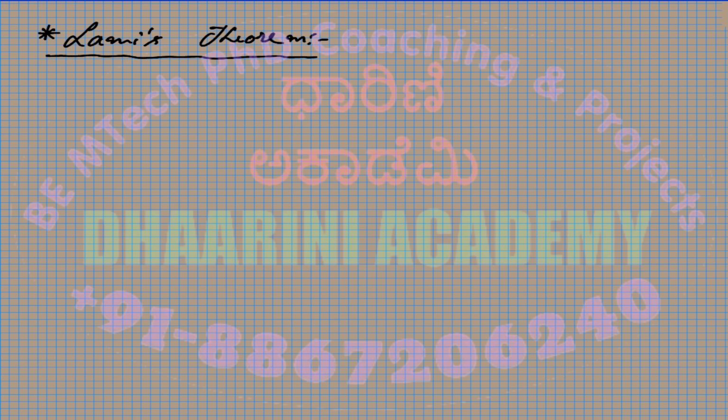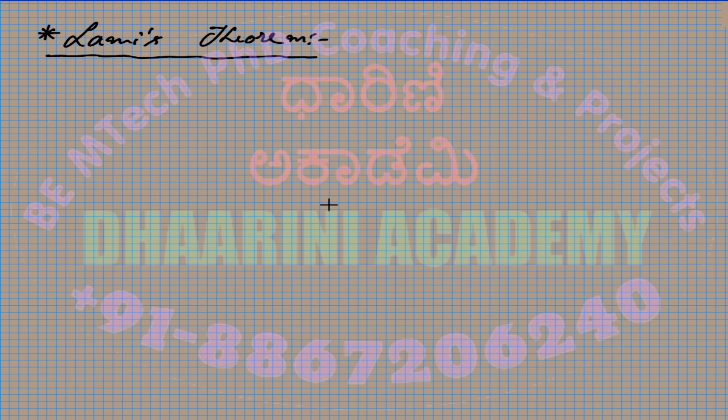There is a specific condition that has to be applied. Only under some condition you can apply Lami's theorem, though it is applicable for the concurrent coplanar force system under equilibrium. So let's represent using a diagram.